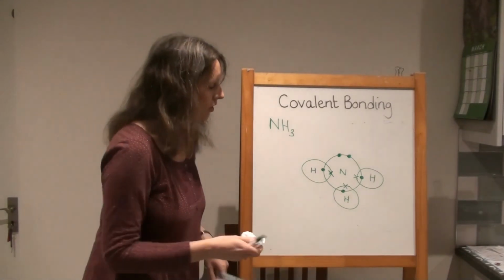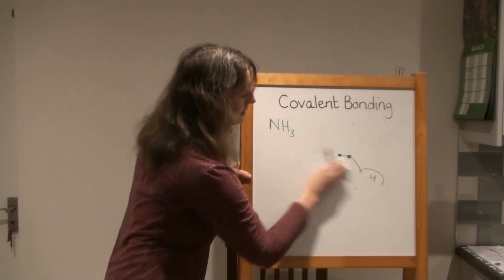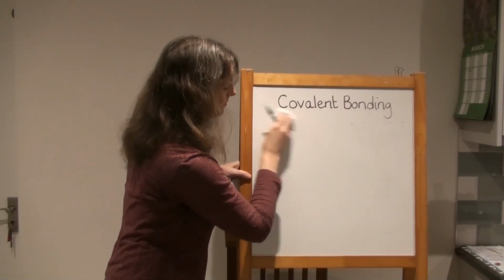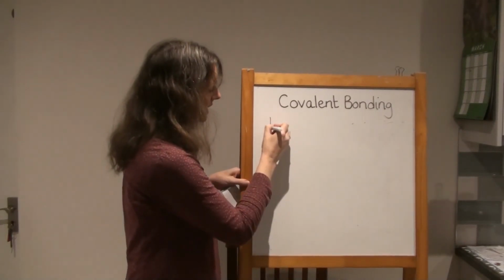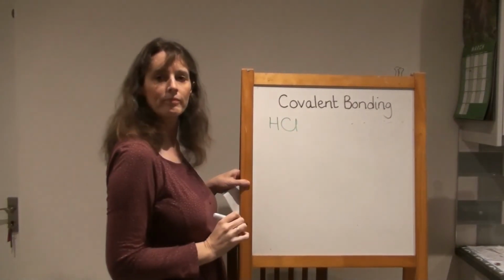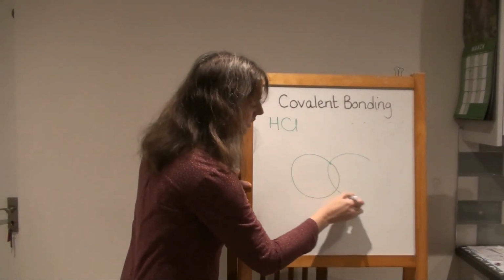Okay, on to one of our final examples. A nice simple one, hopefully. And that is hydrogen chloride, HCl. So hydrogen and chlorine.